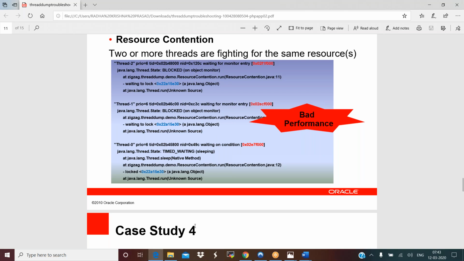Thread dump analysis will actually happen in Java thread stack trace. So 90% of your analysis will happen from here, and all the information that you need in order to pinpoint the root cause of many problem pattern types, you will get only from the Java thread stack trace. It will give you the complete information of each thread.